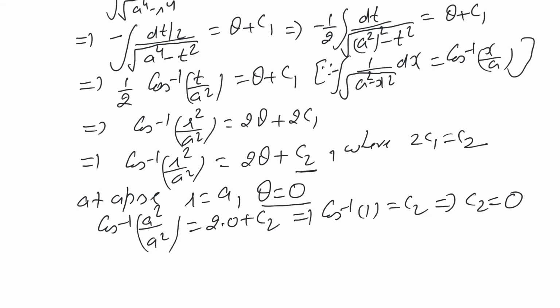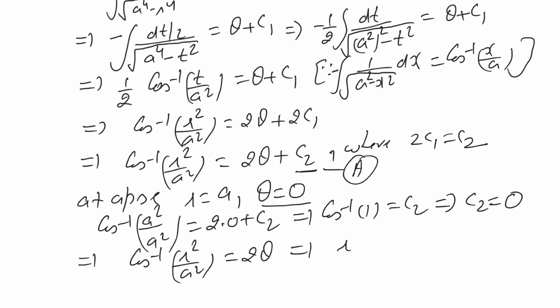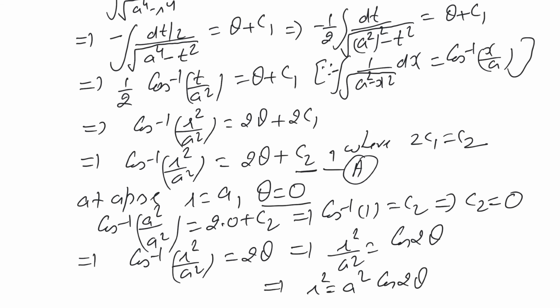Using this in the above equation, we get cos inverse r square by a square is equal to 2 theta. This implies that r square by a square is equal to cos 2 theta. This implies that r square is equal to a square cos 2 theta, which is the required equation of the central orbit.